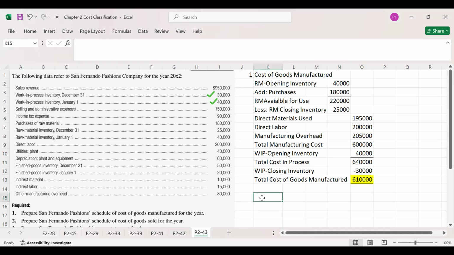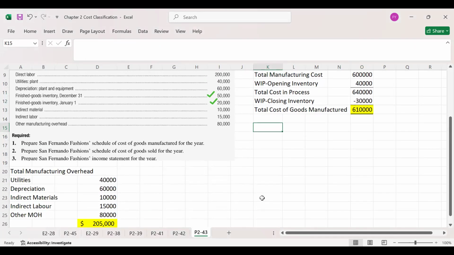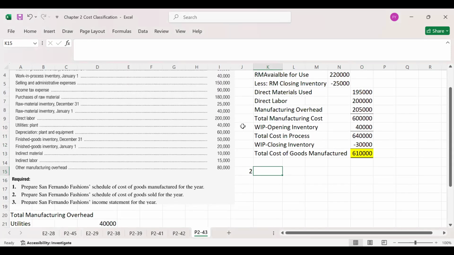The next requirement, the second requirement, is to prepare a cost of goods sold. So for cost of goods sold, we have third type of inventory, which is called finished goods inventory. So cost of goods sold statement or schedule of cost of goods sold.